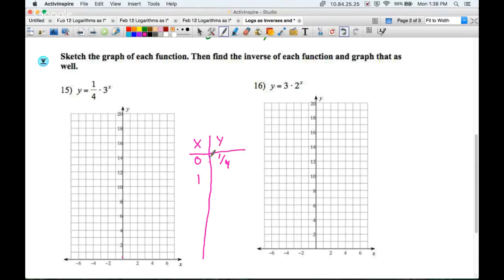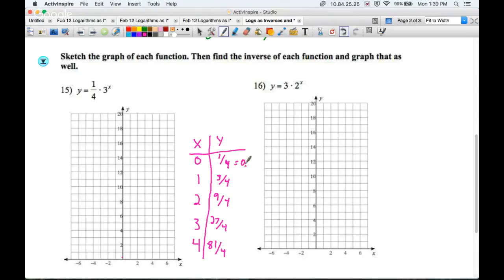So by the time I'm up to x equals 1, triple this is going to be 3/4. Up to 2, this triples again, it's going to be 9/4. Up to 3, that triples again, that's going to be 27/4. And by this one, we're up to 81/4.